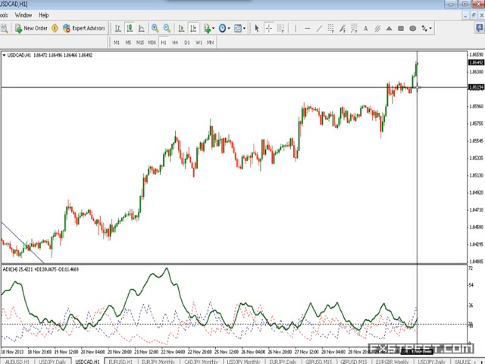Let's have a look at some standard indicators. Let's have a look at the MACD. What you have on the MACD is your histograms are pretty much overstretched. Let's also have a look at the stochastics. Traders generally tend to use the stochastic oscillator more than the stochastic indicator.